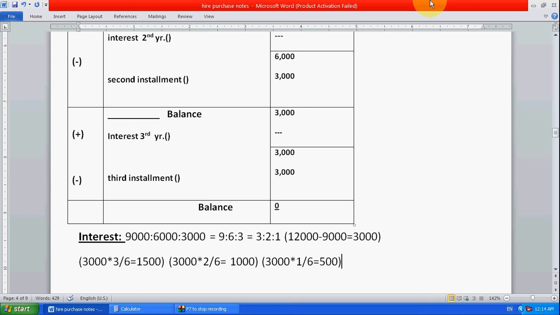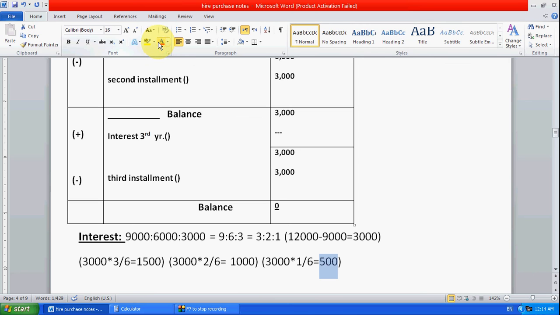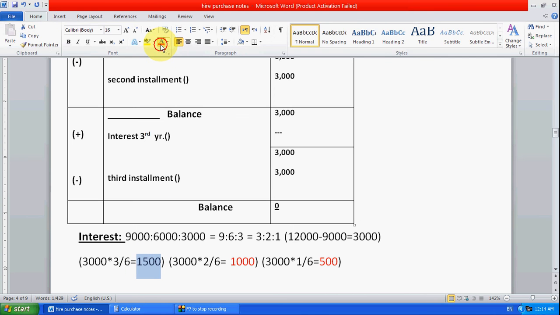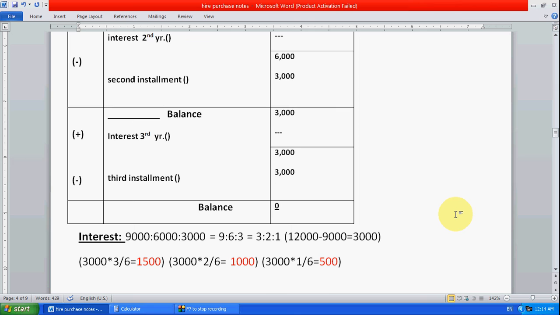These are the interest amounts: 500, 1,000 and 1,500. First year 1,500, second year 1,000, third year 500.